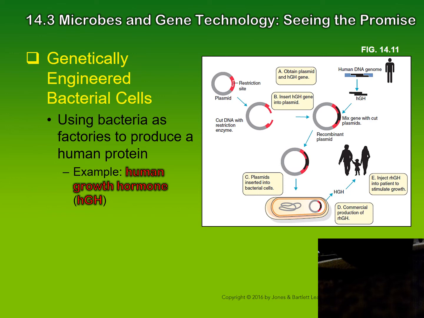To do that, you can take the gene sequence out of a human, make a very small piece of DNA, and then clone that into a plasmid vector, which is a small circle of DNA that a plasmid usually carries. Then you can put that gene in there, making the hybrid, and then introduce that plasmid back into a bacteria, and then that bacteria will make the human growth hormone.